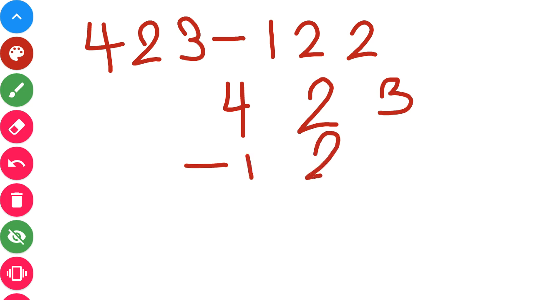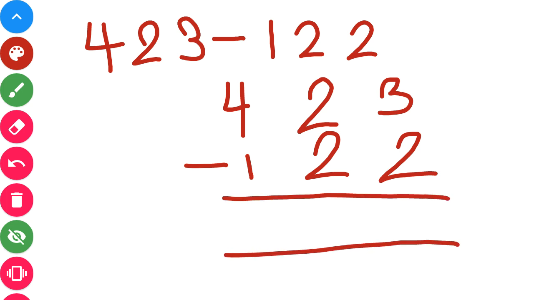That means 122. And then what do we have to do? We have to subtract. We will start subtracting from the ones place. So, what do we have at the ones place? We have 3. So, 3 minus 2 will give us 1.